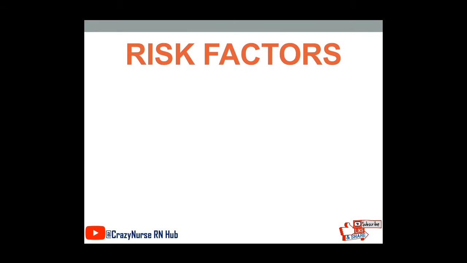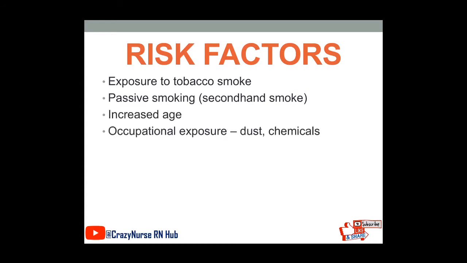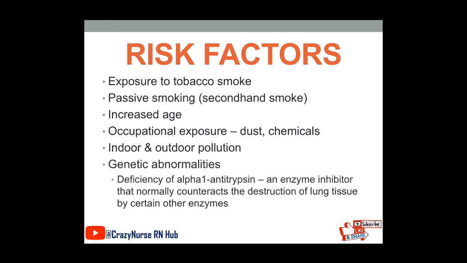Now let's have the risk factors. First is exposure to tobacco smoke. Also, passive smoking or secondhand smoke. Increased age or old age. Occupational exposure such as dust and chemicals. Indoor and outdoor pollution.